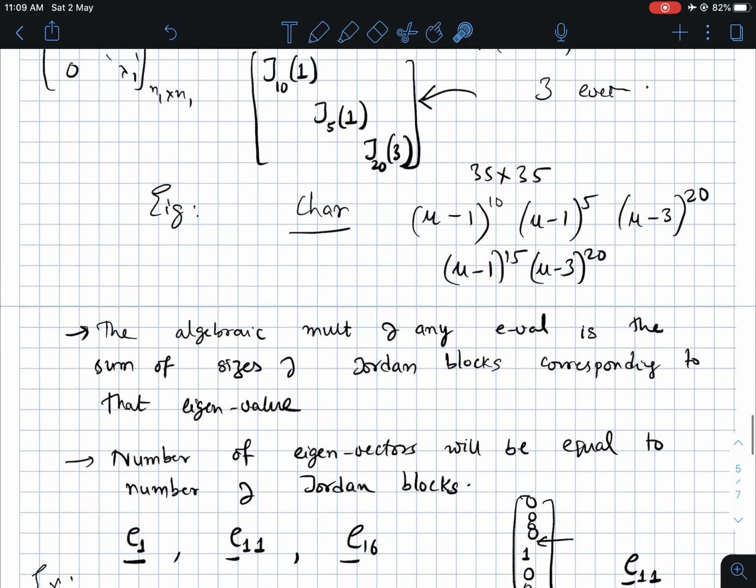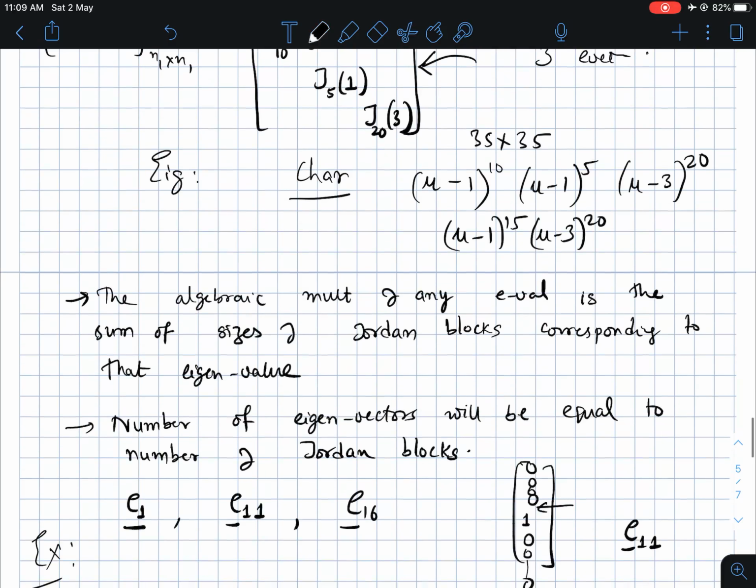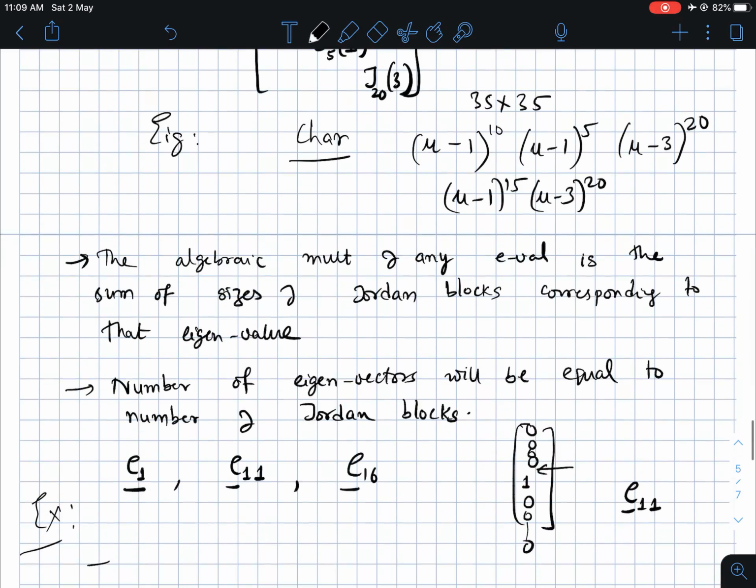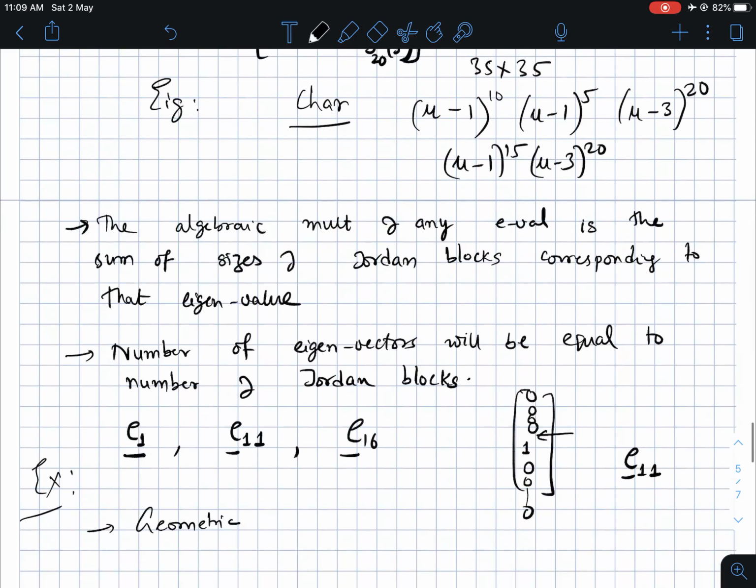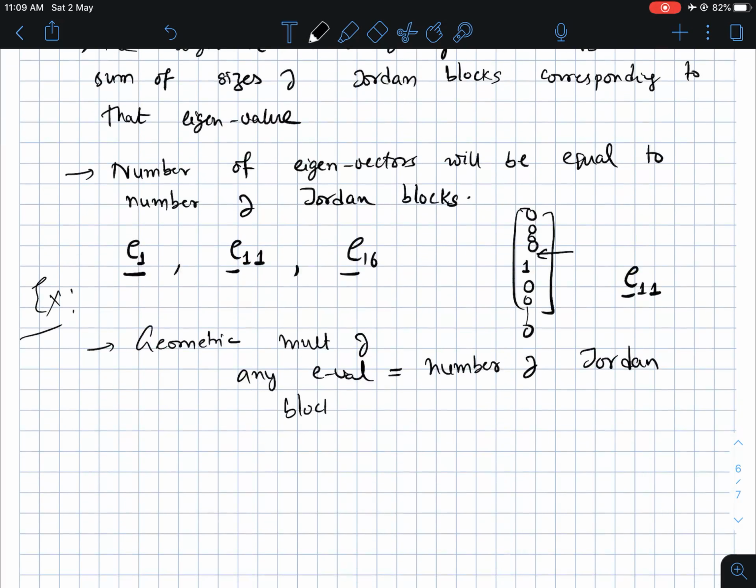So the main idea is each Jordan block will bring with itself one eigenvector. The number of eigenvectors will be the number of blocks. So here I can also answer the question, what is the geometric multiplicity of 1? The geometric multiplicity of any eigenvalue is the number of Jordan blocks corresponding to that eigenvalue.